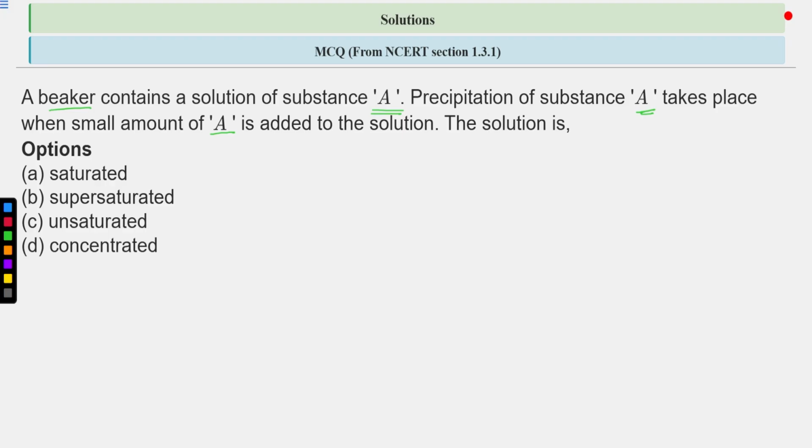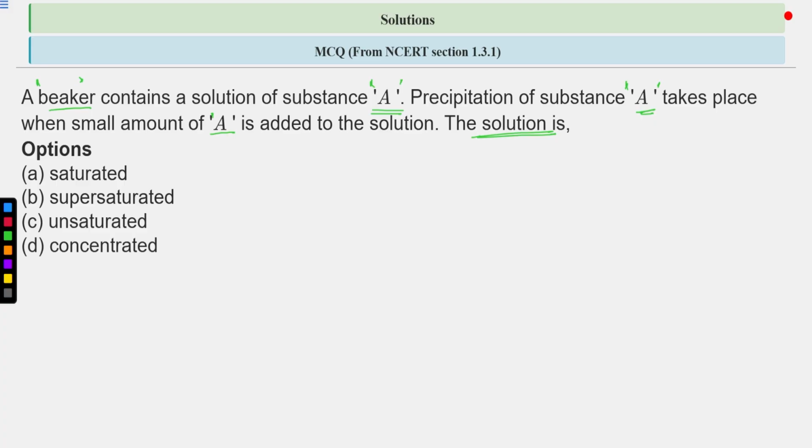The solution is... So we are given a condition in which we have a beaker containing a solution of a substance named A, and when you add a small amount of A to the solution, the precipitation of A happens.